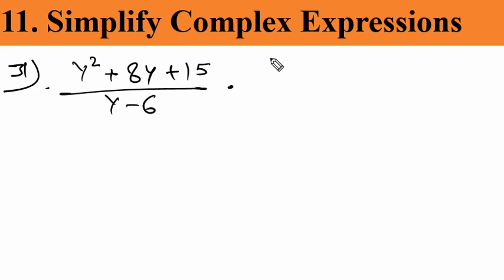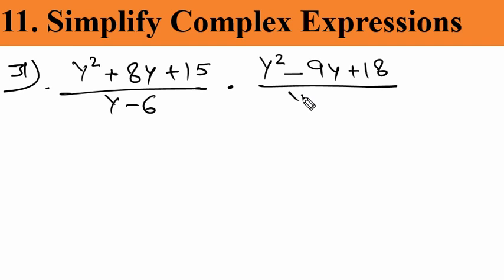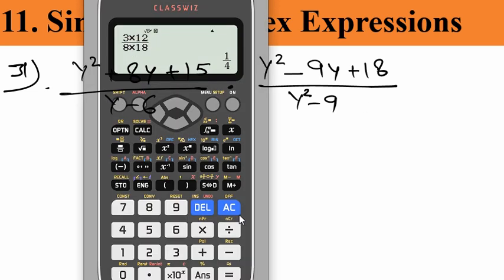So now in this one, this is multiplied, and this time they have given you a quadratic equation. What you will have to do is factor this, right? You will have to factor this. And how will you factor? I've told you in topic number 1 that we use the calculator for this one. So let's use the calculator.